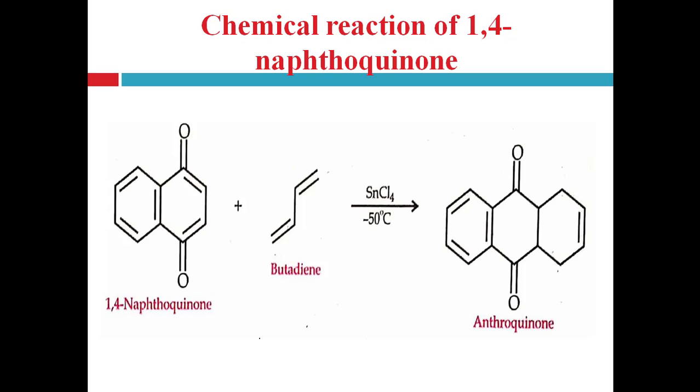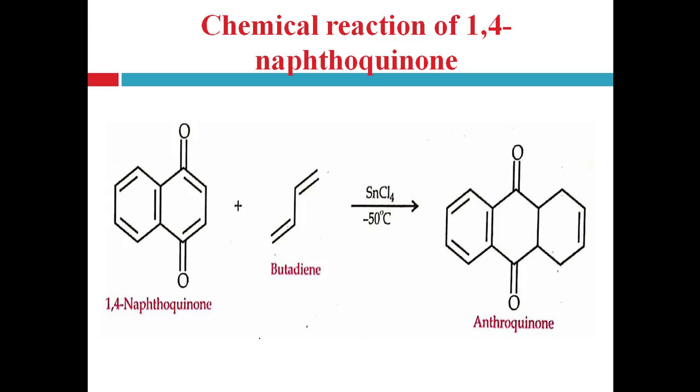Then chemical reaction of 1,4-naphthoquinone. 1,4-naphthoquinone undergoes cycloaddition, that is the Diels-Alder reaction, at low temperature with butadiene in presence of stannous chloride, and forms anthraquinone. Naphthoquinone undergoes the Diels-Alder reaction.